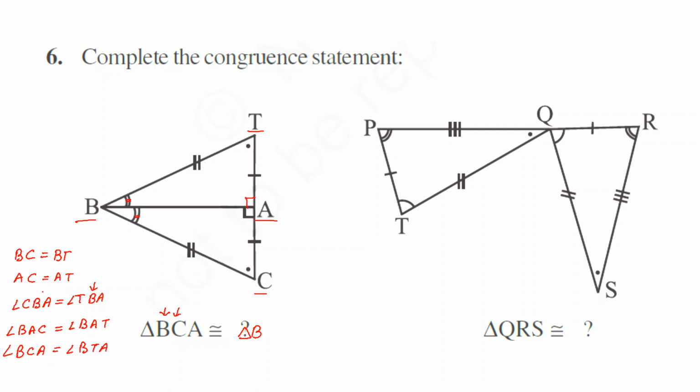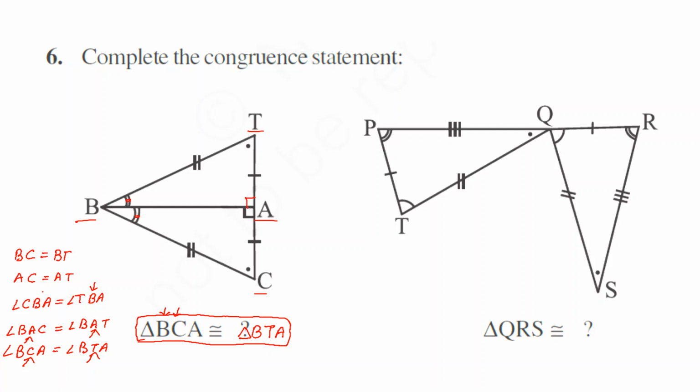Then angle C over here is equal to T. So we will write T here, and then angle A is again equal to angle A. So it will be A over here. So triangle BCA is congruent to triangle BTA. This is how you need to find out their correspondence.